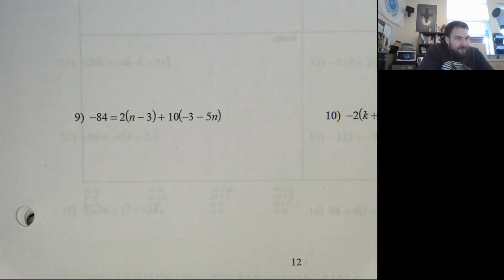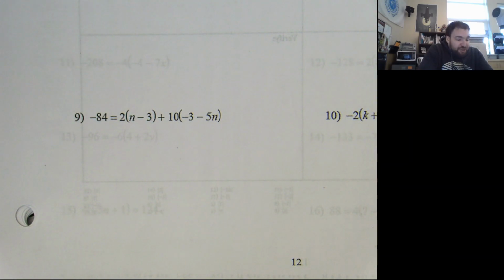So, Ruben has a question about number 9, and this is actually great, because my A block asked me about number 9 as well. So let's do the A number 9. Yesterday, we looked at distribution. This is page 12.